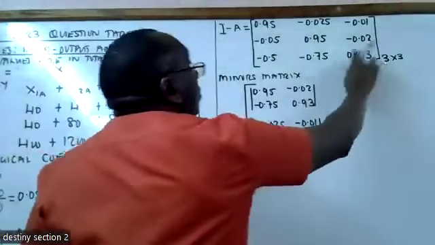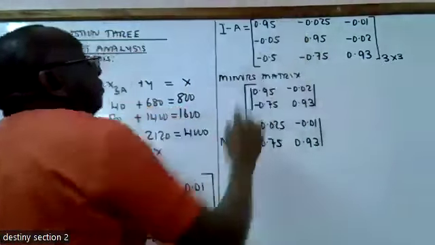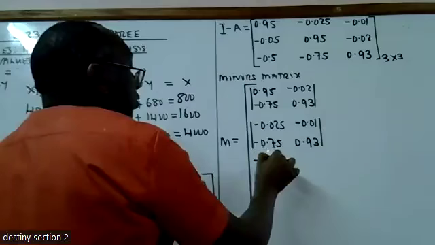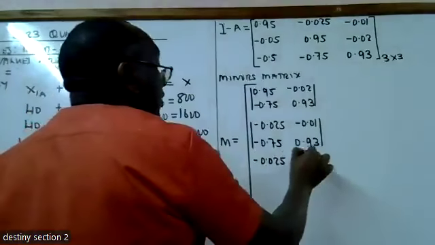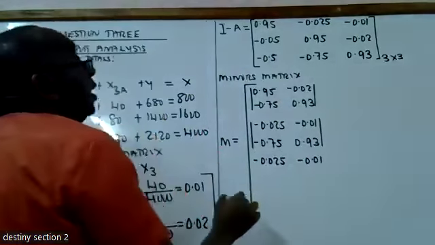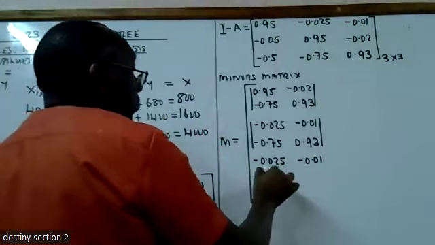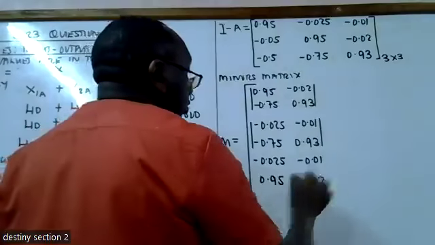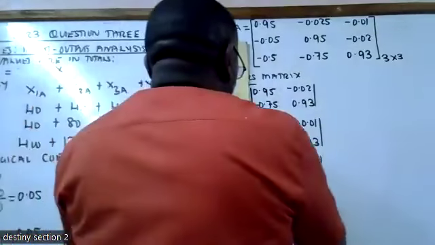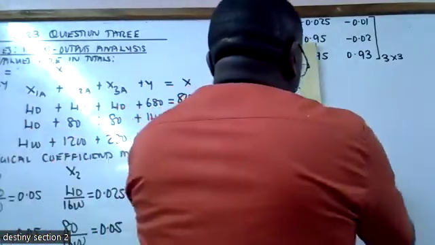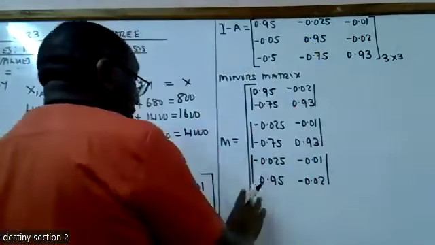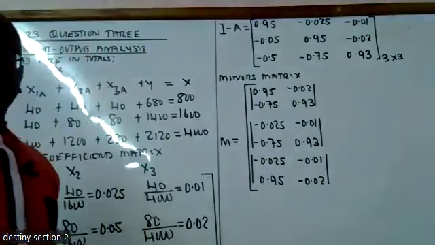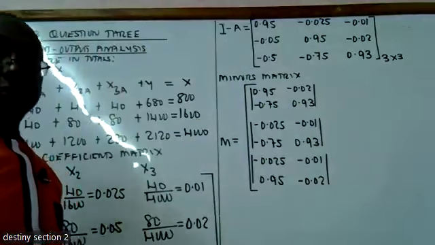Unafunga the third row and the first column. Ndio unaachwa na minus 0.025 minus 0.01 and then 0.95 and negative 0.02. Hivyo unazifungia hivyo. So that is how you create the first row.